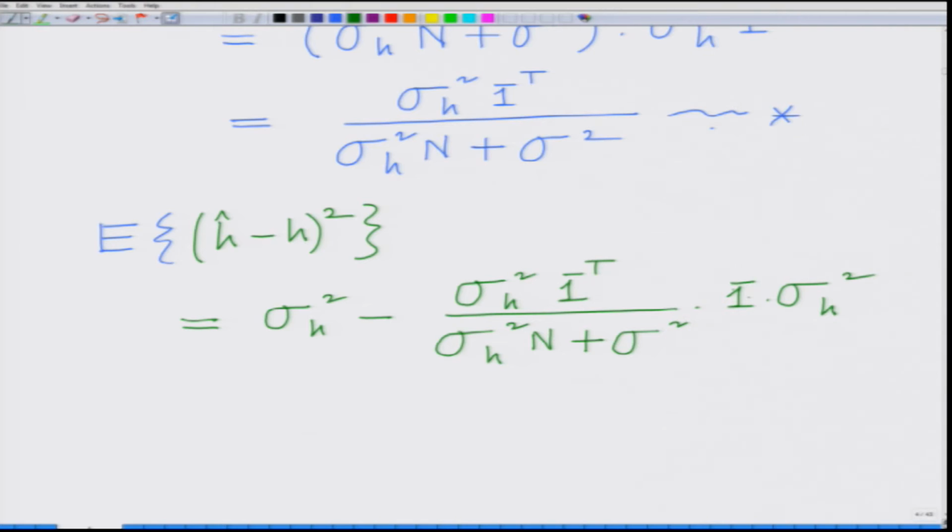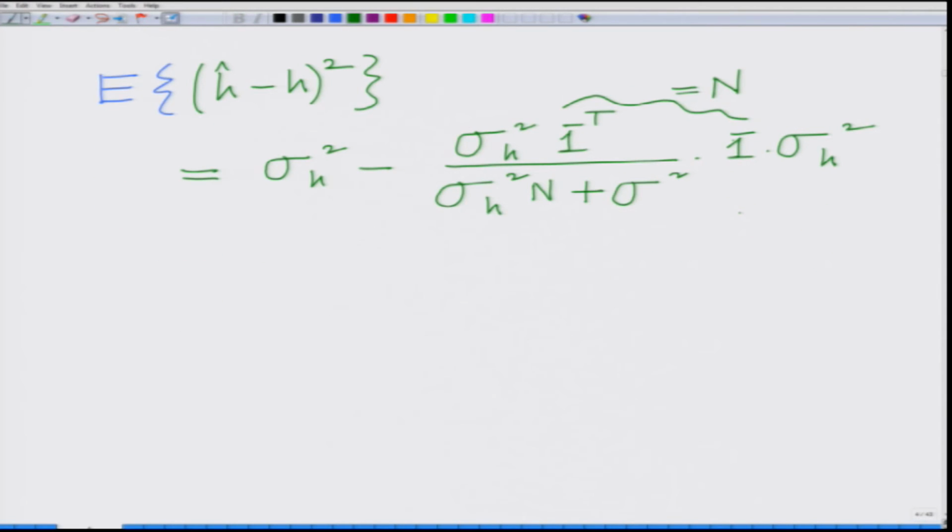Now look at this, 1 bar transpose into 1 bar is basically equal to n.